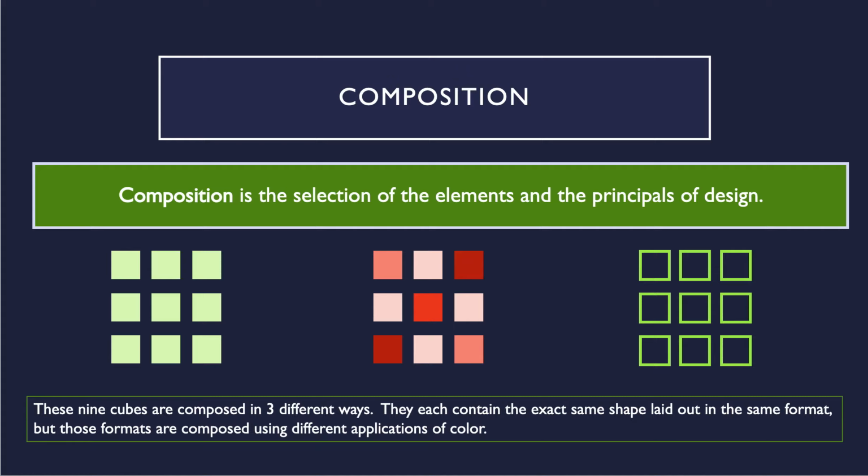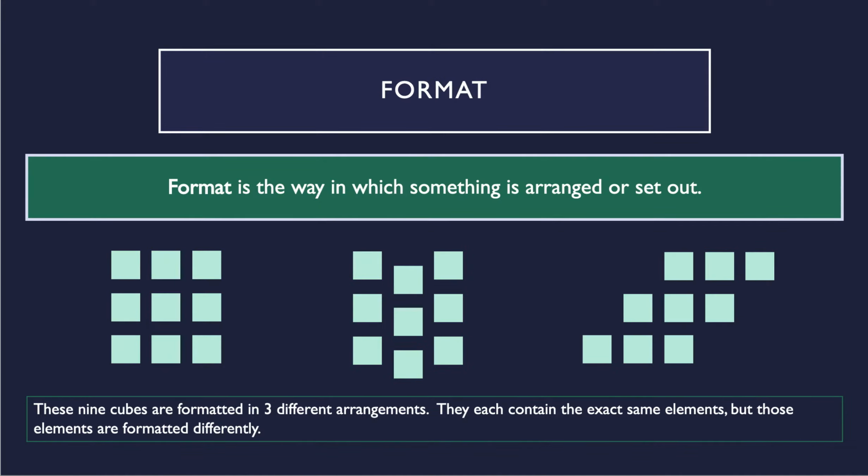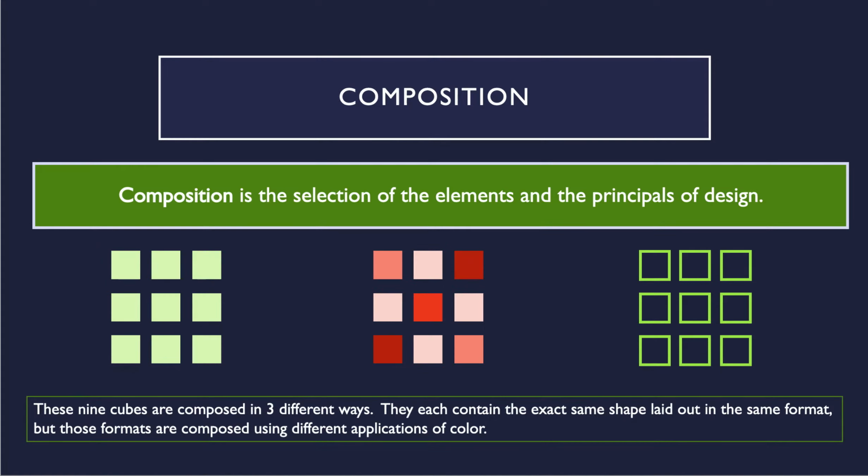The first 2 obviously are solid. The last one's just an outline. Okay, and so there's the difference. Format is location, placement. Composition is the application of the principles and the elements. And so whenever we're working in design, we format and compose. We end up doing both of these things. But they are different.